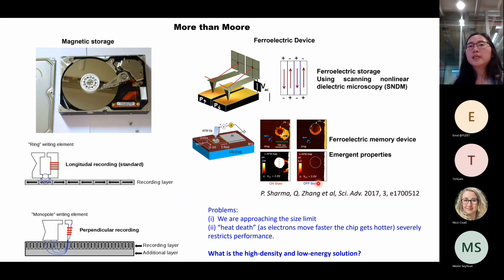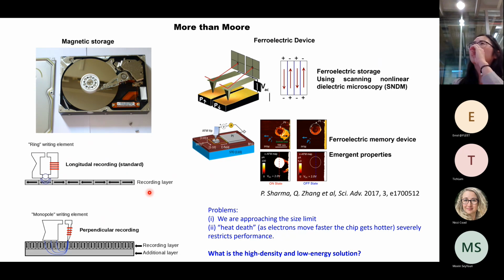Okay, so we can see that ferroelectrics have these domain structures, which are very similar to the well-known magnetic materials. Magnetic materials have been used for storage for a long time, and people are always trying to increase the storage densities, for example by decreasing the domain size.